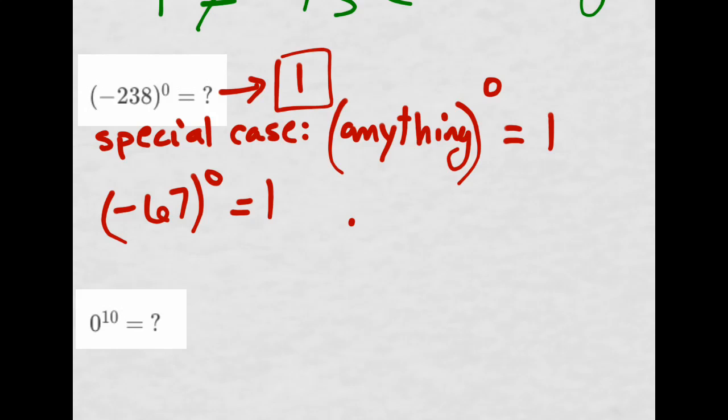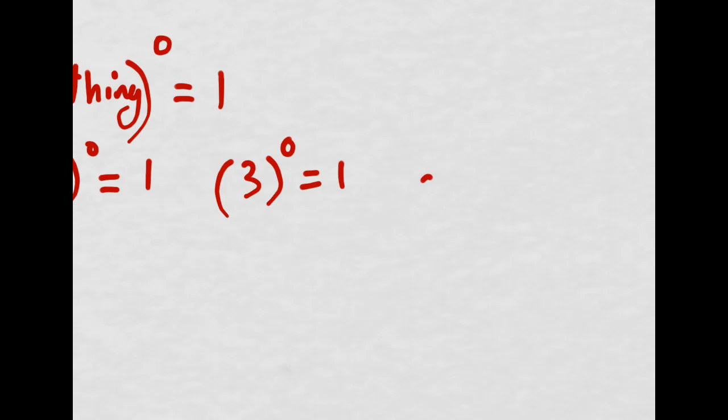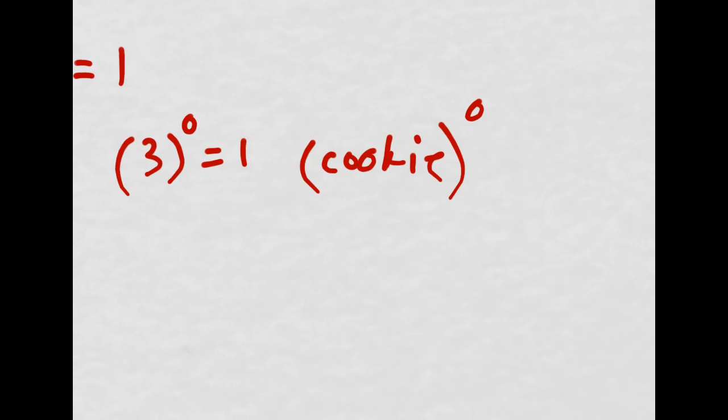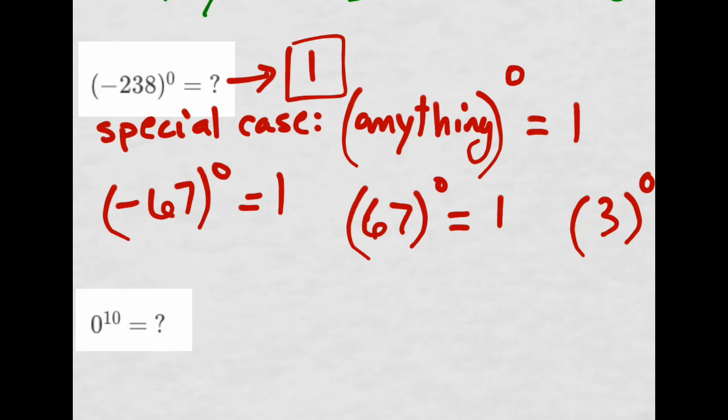If I have 67 to the 0, that's going to be 1. If I have 3 to the 0, it's going to be 1. If I take a cookie raised to the 0, it's going to be 1. That's a silly example, but anything to the 0 power is going to be 1. Okay, so that's a special case.